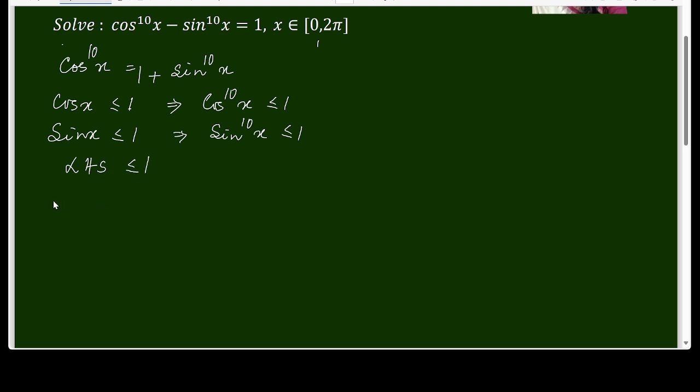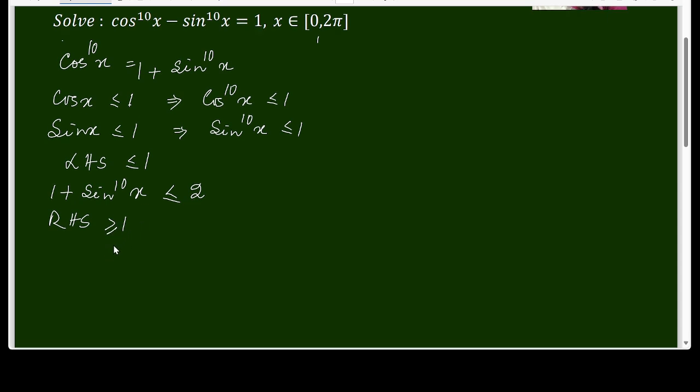But when you go to the right hand side, RHS, since sine power 10x is greater than or equal to 0, 1 plus sine power 10x is greater than or equal to 1. So RHS is greater than or equal to 1.